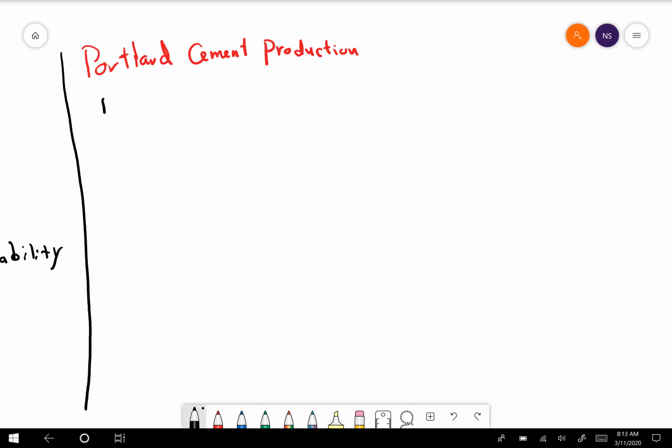So the first stage is crushing and grinding of raw materials. We want to get raw materials, then crush them and grind them, and of course sieve them to make sure that we have the correct combination of the materials that we want.